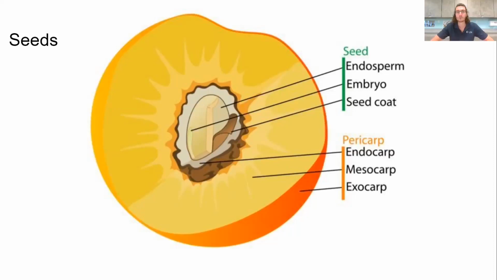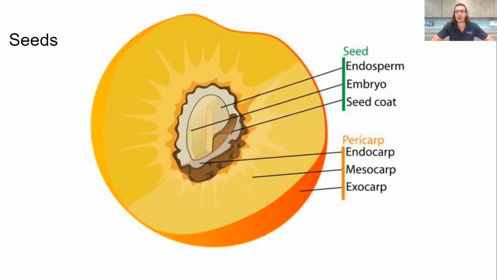But before a seed can really start growing and developing, it needs to be fertilized. So before that plant or that embryo internally can start growing and developing, it needs to be fertilized, which means essentially pollen needs to reach the eggs of the female plant to fertilize the seed and initiate this growth.